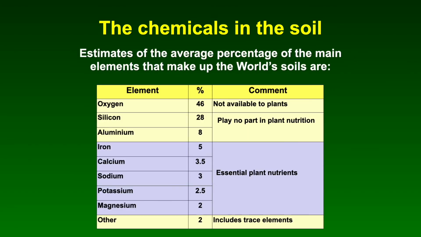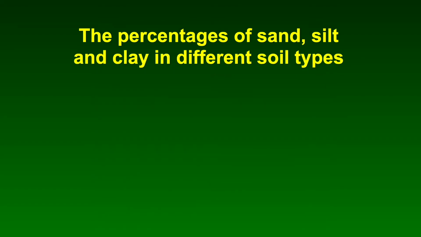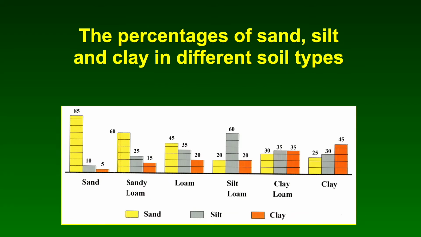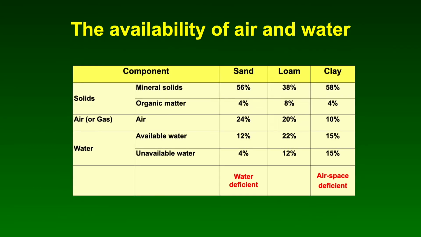Only 16 to 18% of trace elements in the soil are needed by plants. The mineral solids in soils are very rarely just sand or just clay. They are usually a mixture of particles of sand, silt, and clay. The type of soil affects the availability of water and air, both necessary for healthy plant growth.